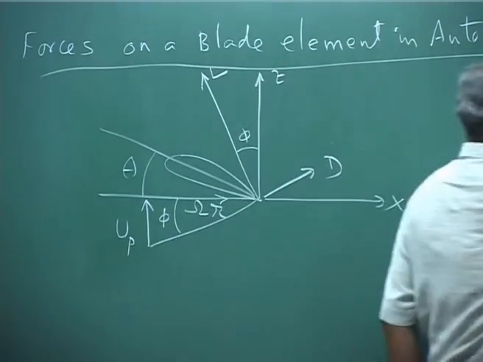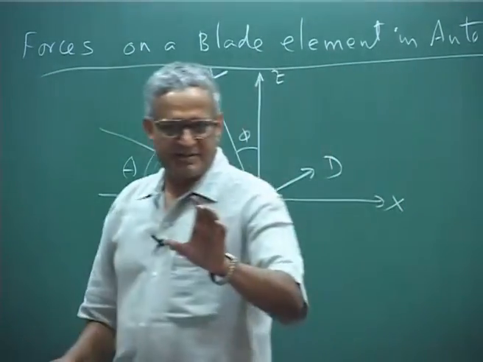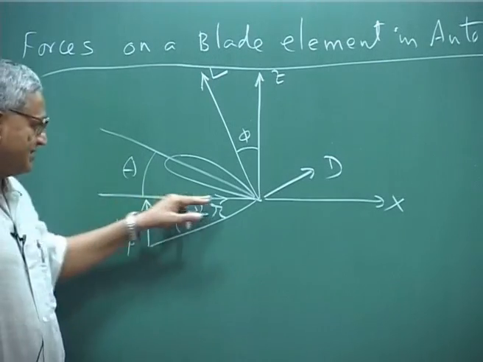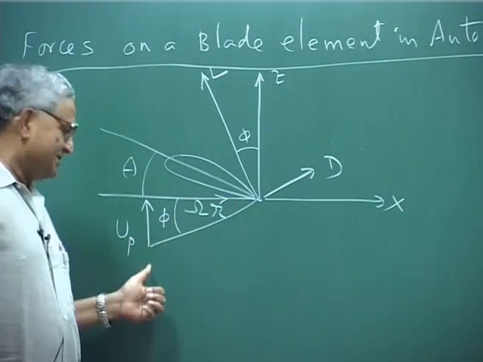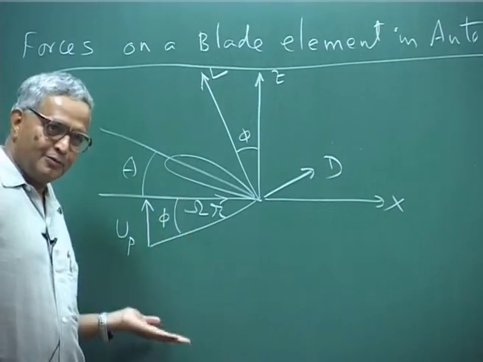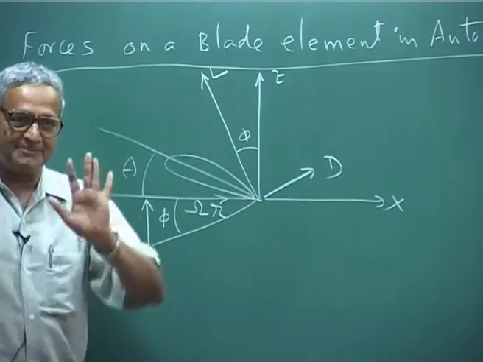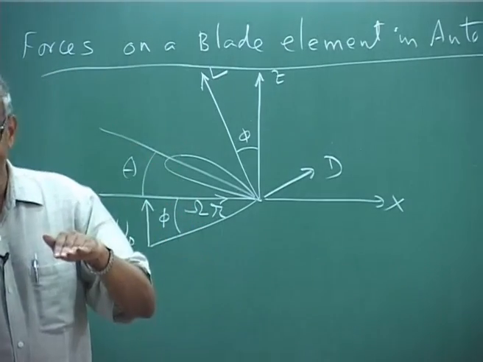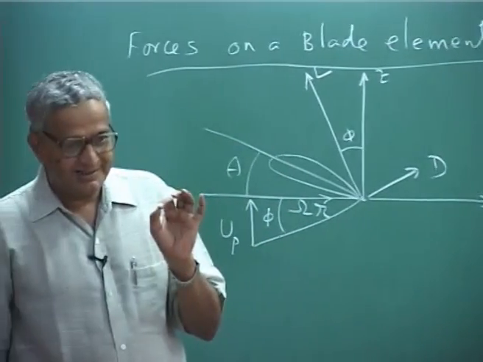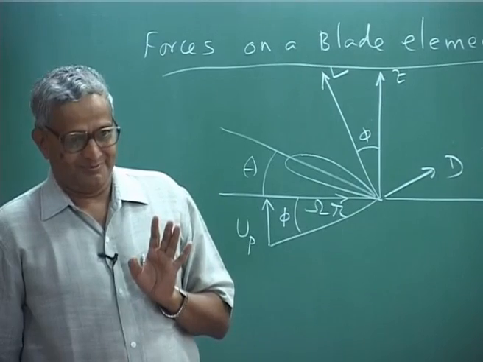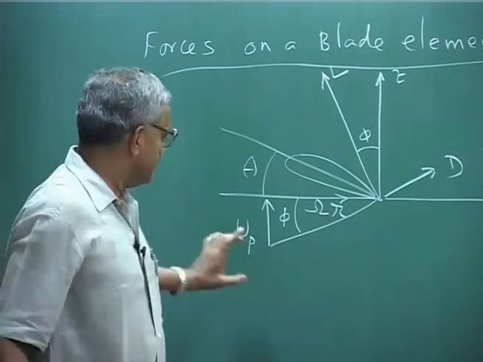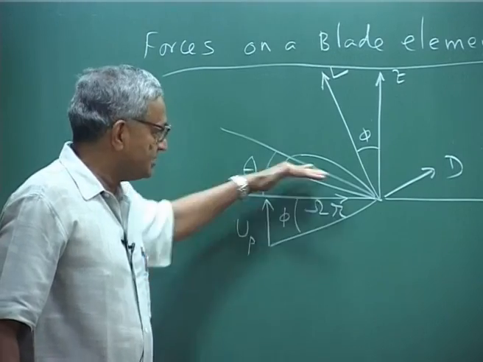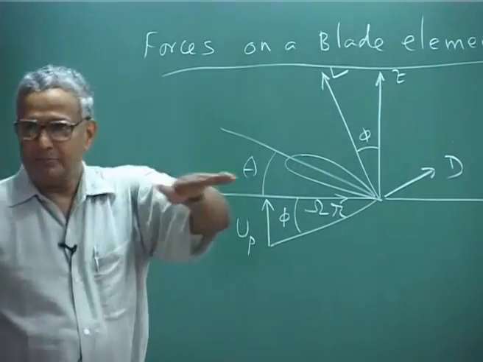This is a very simplistic problem of an aerofoil which has an oncoming flow and a flow which is coming up, because it is descending. UP includes descent velocity as well as induced velocity. Please understand, that is why I use a very general perpendicular, the flow that comes perpendicular to the airfoil plane of rotation.